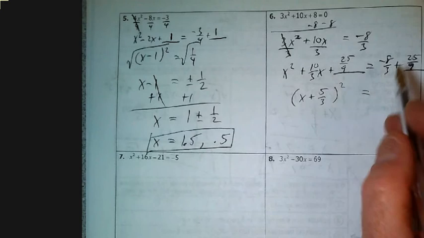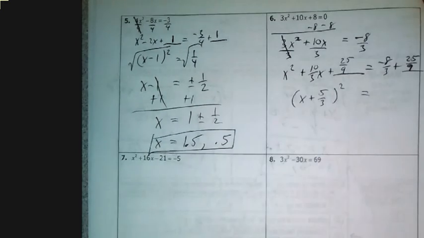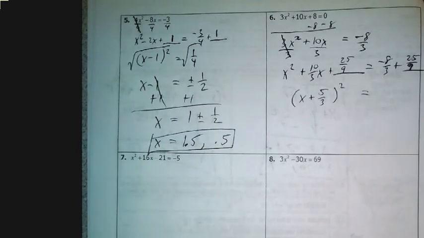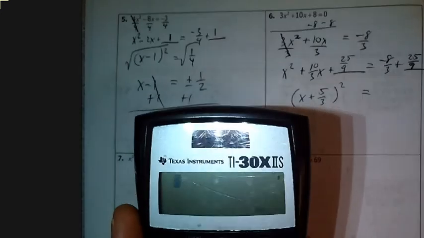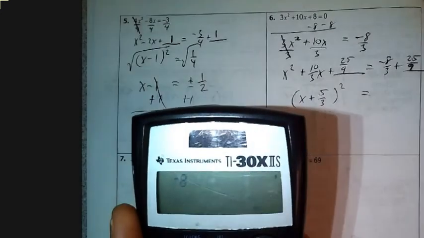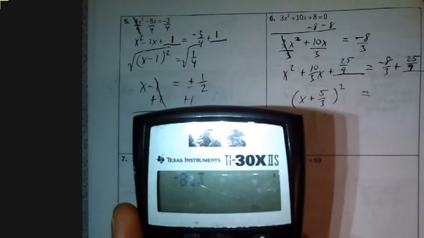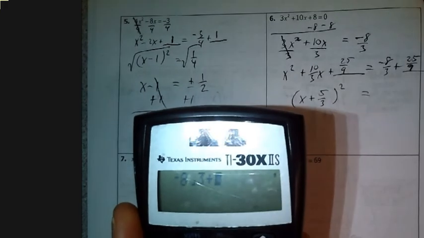Now, negative 8/3 plus 25/9. Put that in the calculator. Your calculator will do it just fine. Go to second, y equals on yours. Mine's a little different. I'm going to do it in mine. Negative 8/3 plus 25/9.